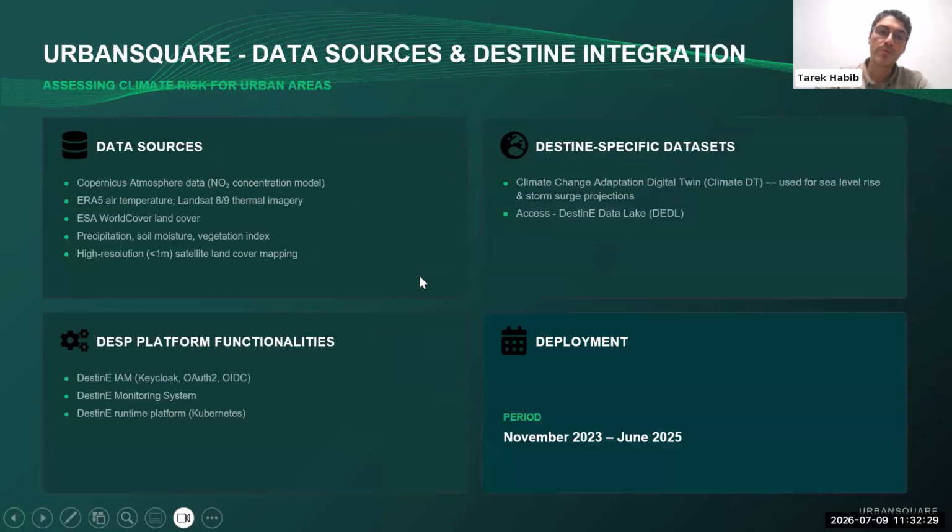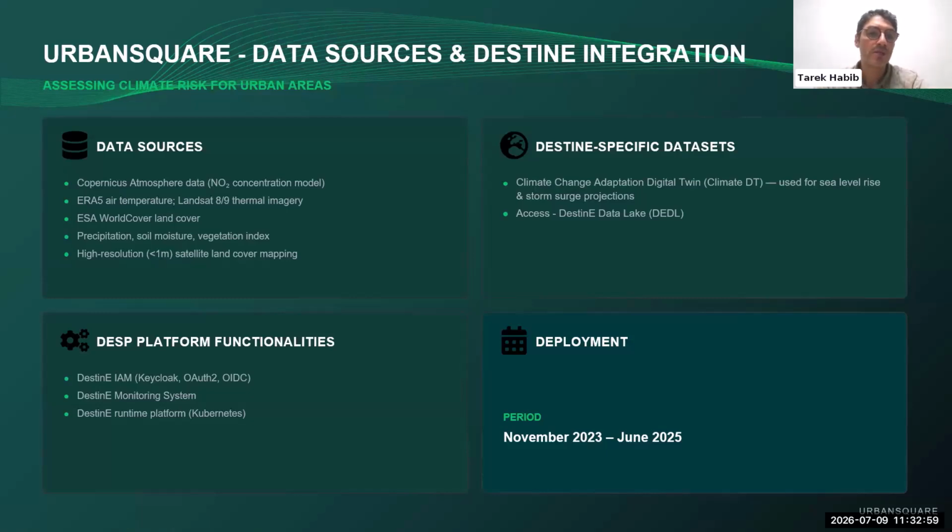Urban Square, powered by Destination Earth capabilities. Again, IAM, monitoring, and runtime are key for this service as well, for the user management and for checking the status of the deployed artifacts. Destination Earth datasets. Again, the climate change adaptation digital twin is quite key, enabled by the access to the DestinE data lake.